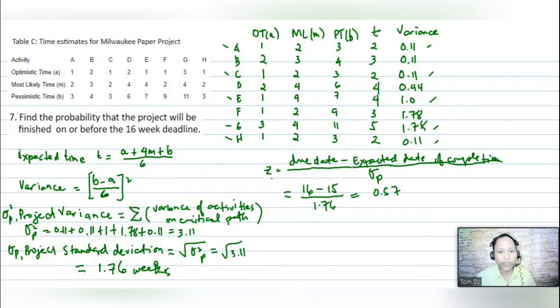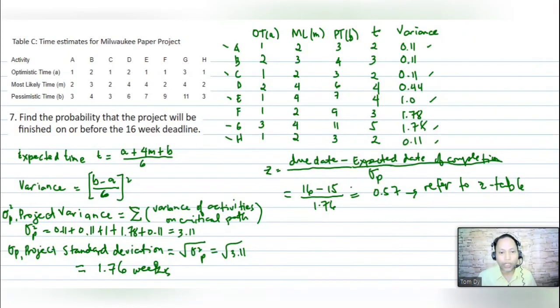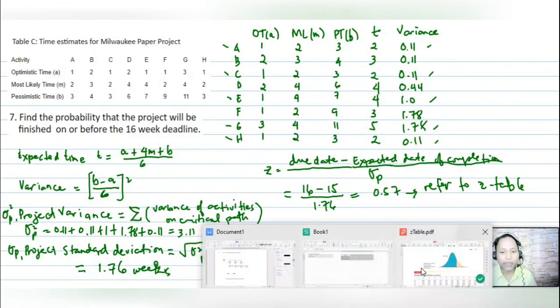Once we have our Z, which is 0.57, we have to refer it to the Z table. Let me open my Z table.